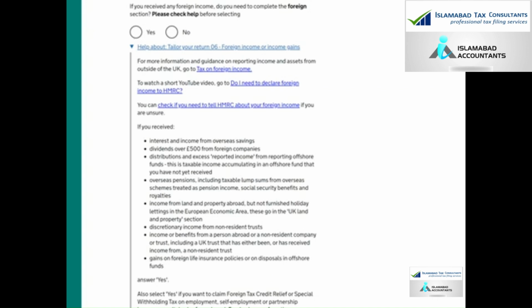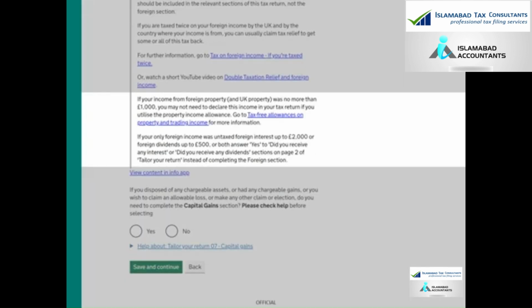If you have any income from abroad, it's important to read the Help About guidance before answering this question about foreign income. There's lots of information about when you may need to answer yes and links to further guidance. There are also times where you have foreign income that you may be able to answer no to this question.